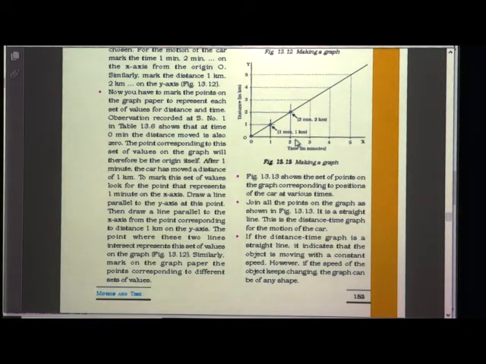Whenever any object moves uniformly, in uniform motion or with a constant speed, when you draw the graph of these readings, it will come as a straight line. And suppose that car or vehicle does not move with a constant speed or in uniform motion.